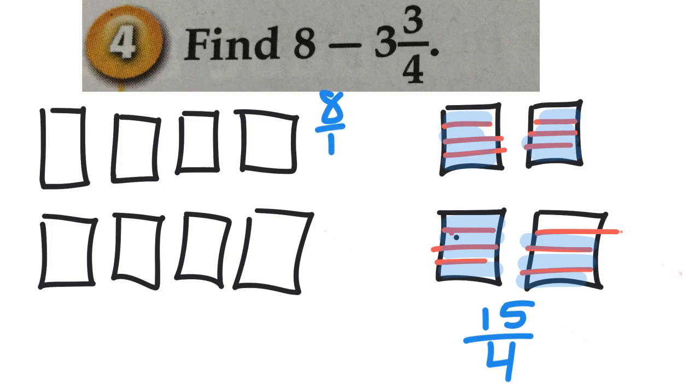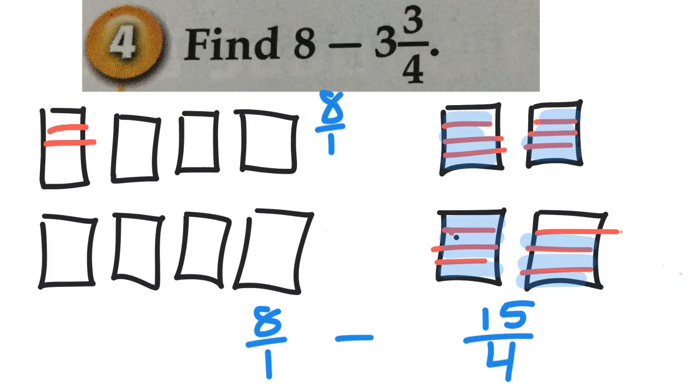But is that going to help me in this problem? No, because we're subtracting fractions, and when you subtract fractions, you need a common denominator. So we could think about this as 8/1 minus 15/4, but then we would have to find a common denominator, right?